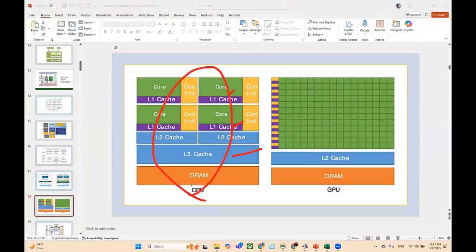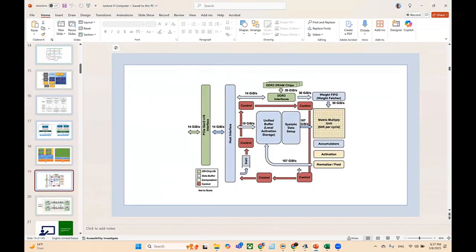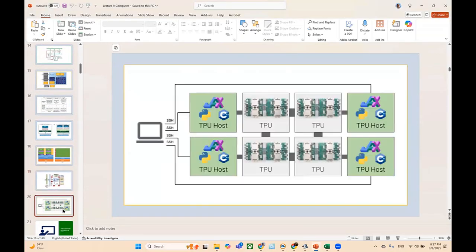Okay, and you can organize in this way or in this way. How you put your processor and how you put your cache is a very important design issue for microprocessors and GPUs nowadays. And here is another GPU design.